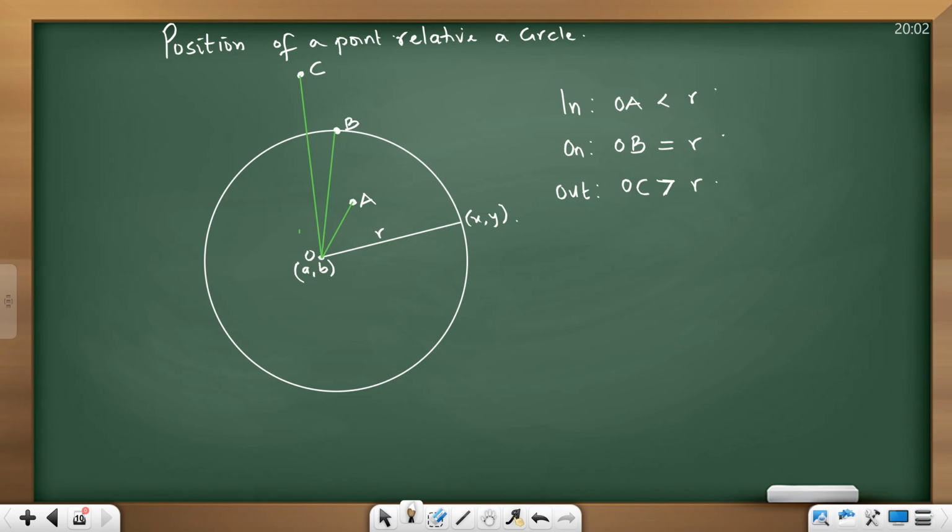Did this make sense? Talk to me, everybody. So if I ask you to find if OA is in the circle, just calculate the distance and compare it with the length of the radius. If OB is the same length, that means that point is on the circle.